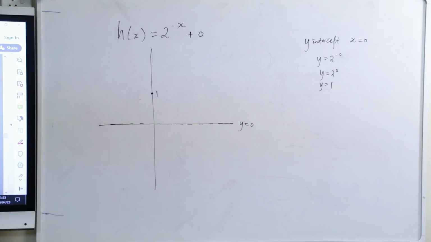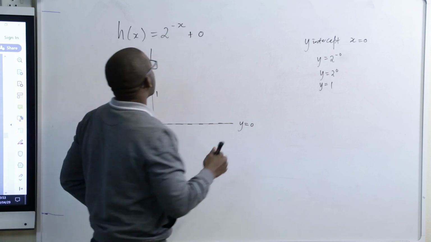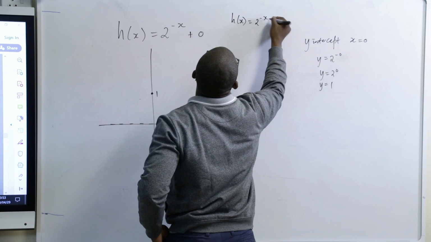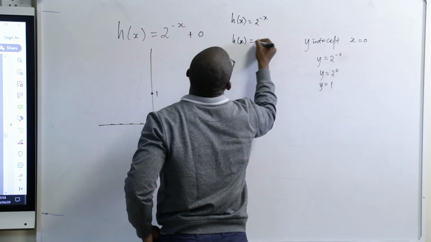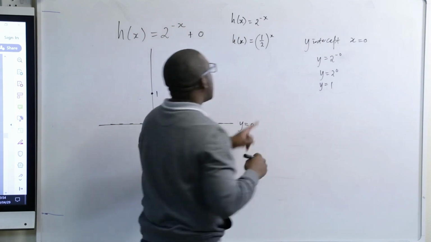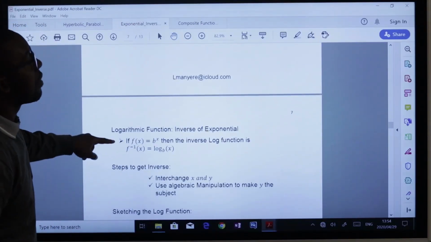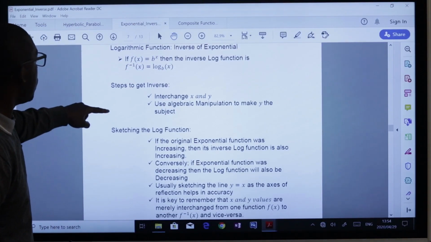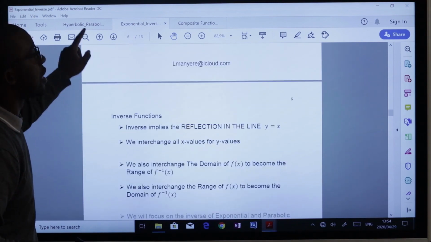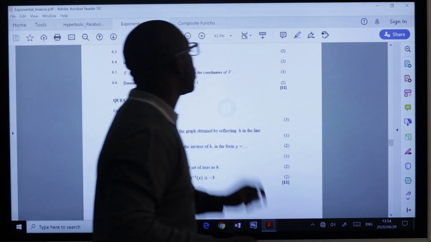Thereafter, we need to figure out the shape. Because of the negative x, this is as good as saying h of x is equal to 1 over 2, everything to the x. We said earlier on, if the base is a fraction, then it will be a decreasing function.